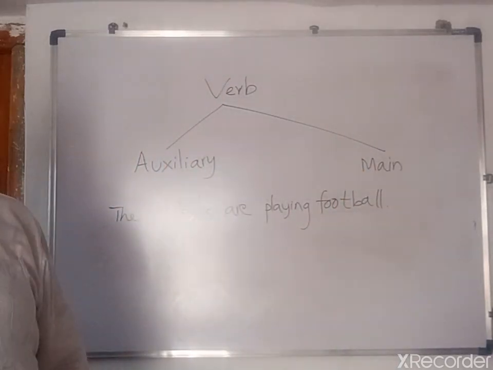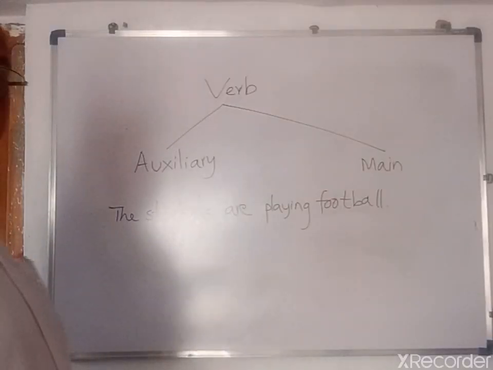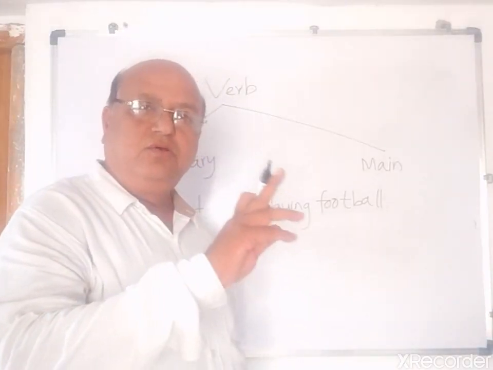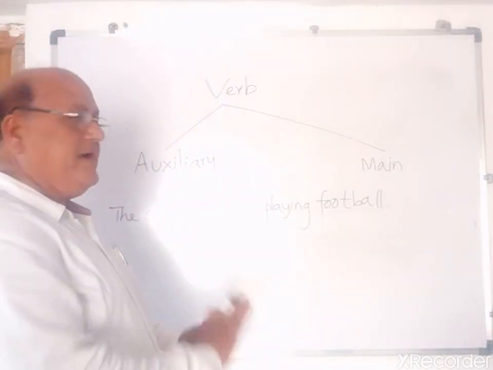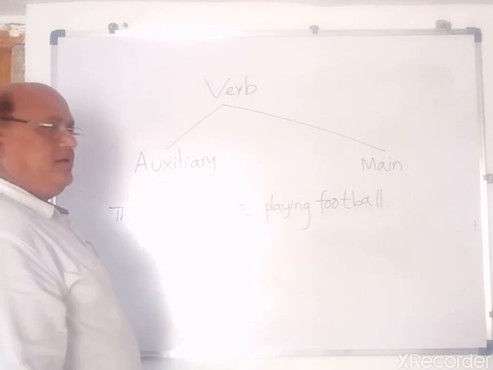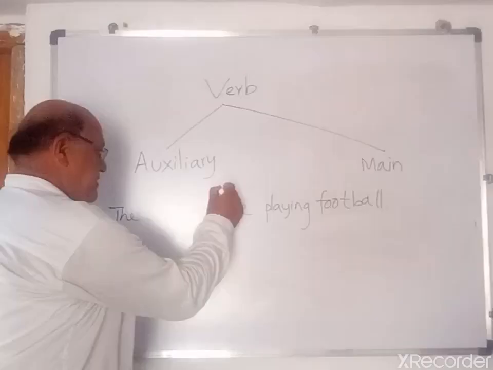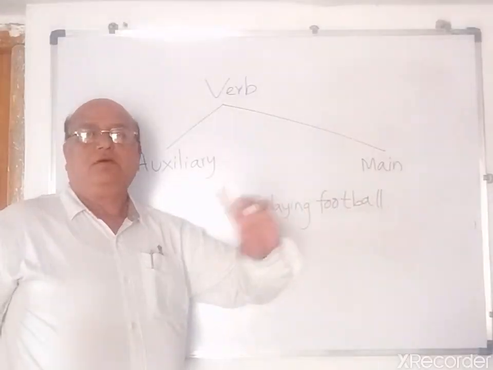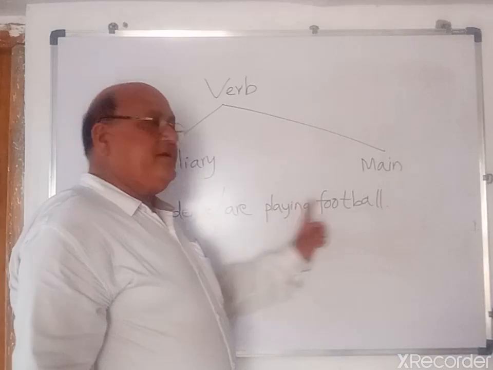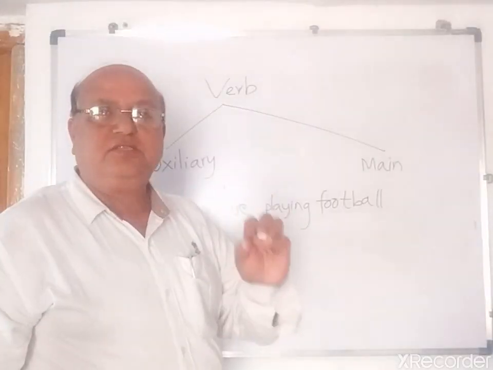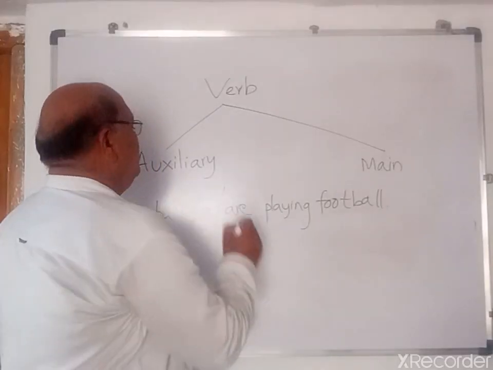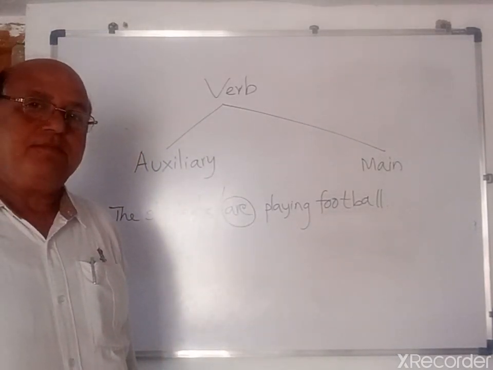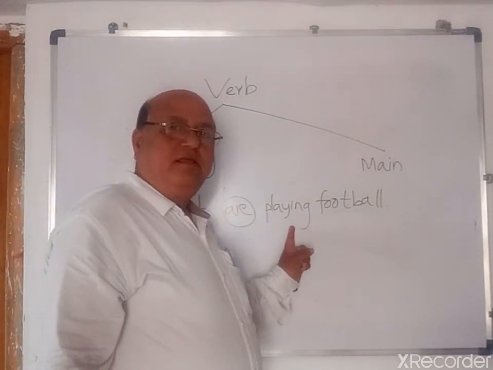We shall go step by step, word by word. Okay, come once again to subject and predicate. Divide the sentence into two. Very good. The students, subject; are playing football, predicate. In the predicate, the first one is the verb, as we discussed. Are is the verb. What about playing?